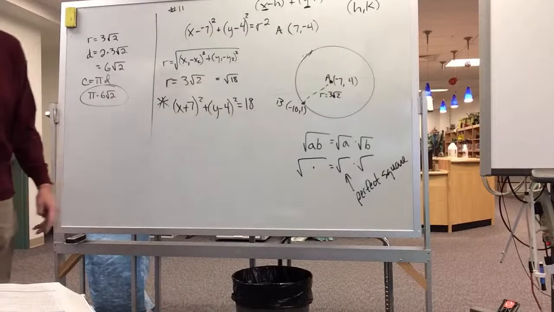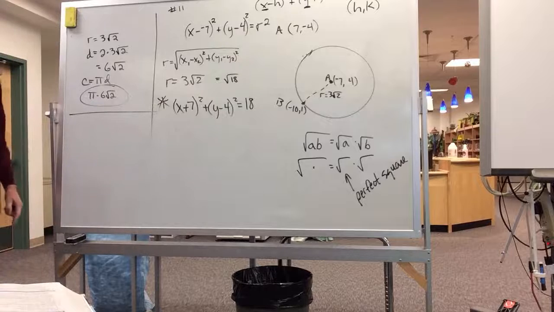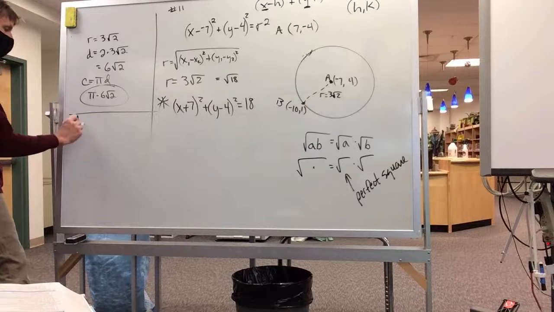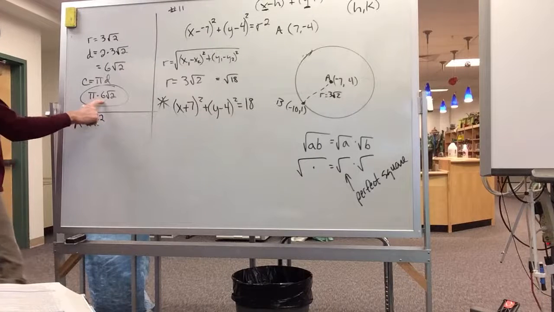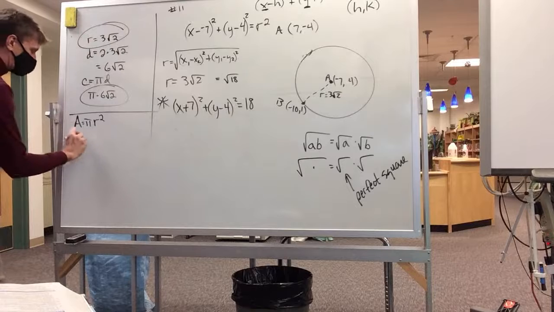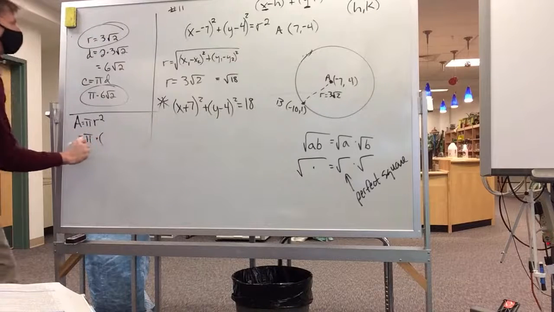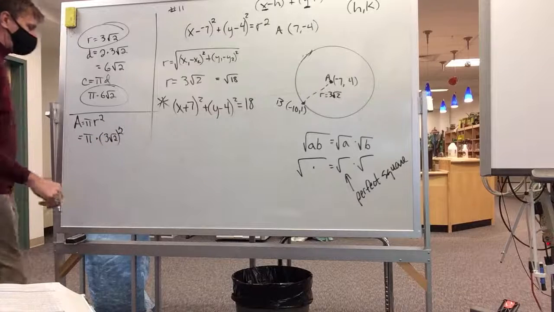And then they ask us for the exact area. The area of a circle is pi r squared. So then we take this radius right here, and we're going to take 3 root 2 and multiply it by itself.